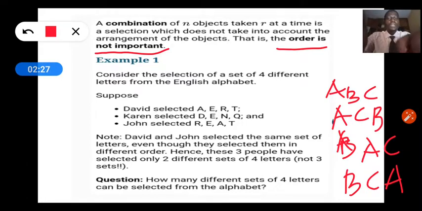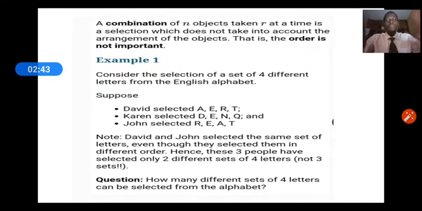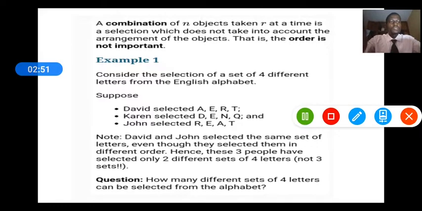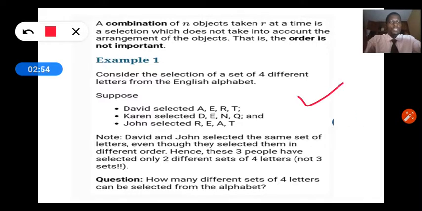Good. Now let's quickly take our first example, since we have laid a solid foundation for combination. Order is not important for combination, but order of arrangement is very important for permutation. Example 1: consider the selection of a set of 4 different letters from the English alphabet.